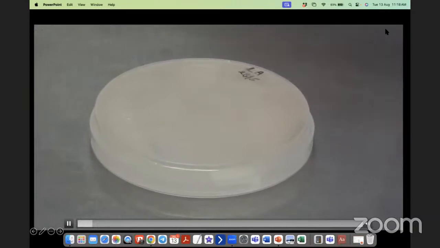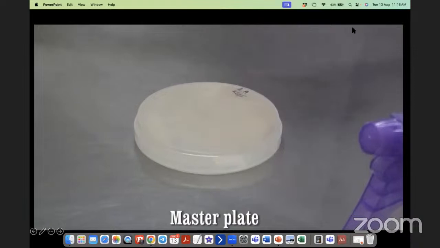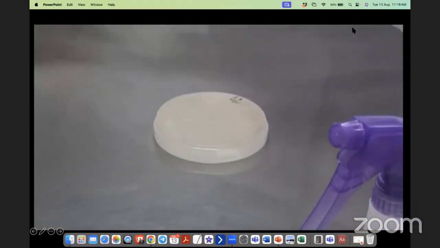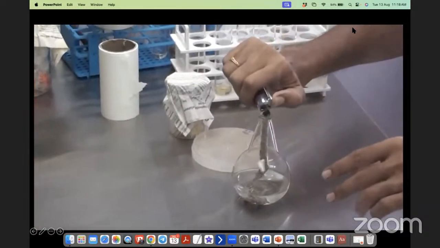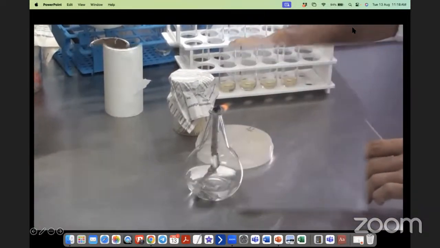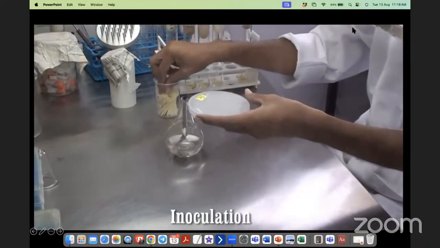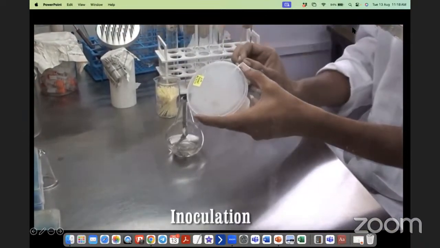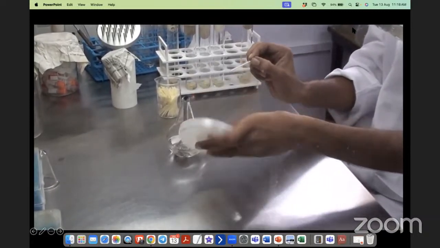Clean the laminar workspace thoroughly with ethanol and keep the master plate having the bacterial culture ready. Light the spirit lamp or Bunsen burner to maintain sterile and aseptic conditions throughout the process.